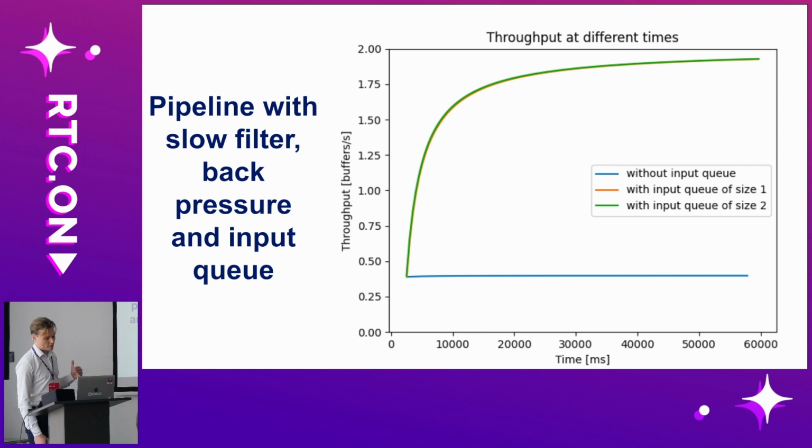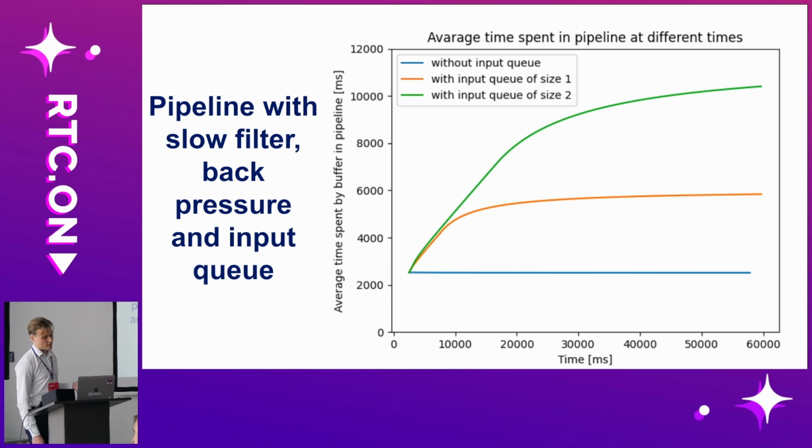You can see here 2 lines, an orange line and a green line, and they describe different queue sizes. And of course, in this very particular case, the pace at which the throughput converges to the desired value is almost the same for both of these queue sizes.